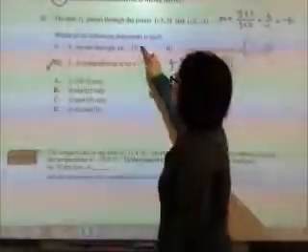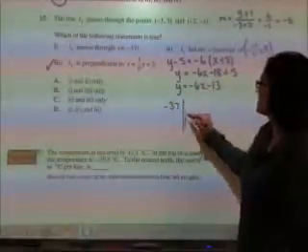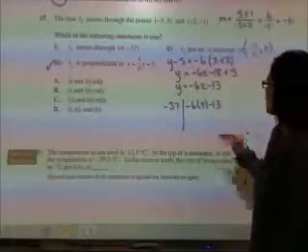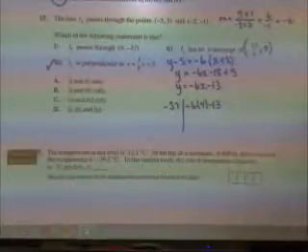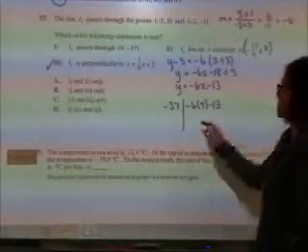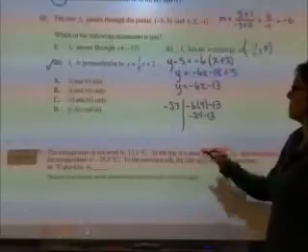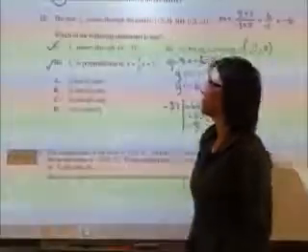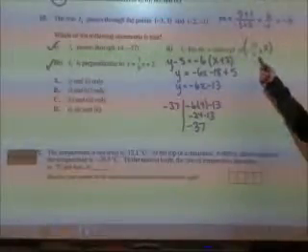If I look at this first point, y has to be equal to negative 37 and x is equal to 4. What is negative 6 times 4? And what's negative 24 minus 13? So that's true. Now I need to check this x-intercept.